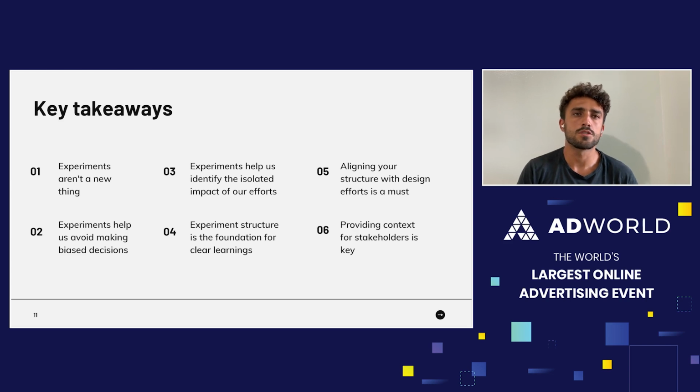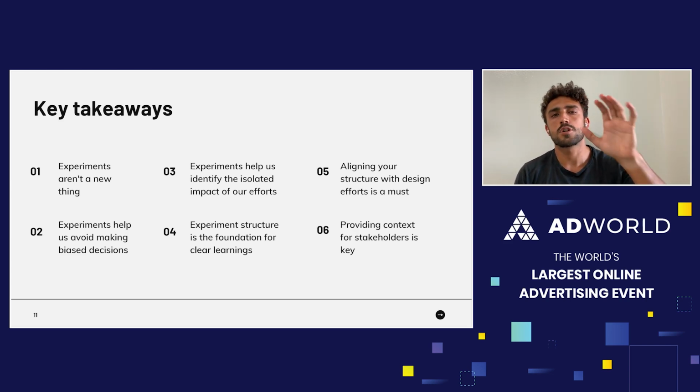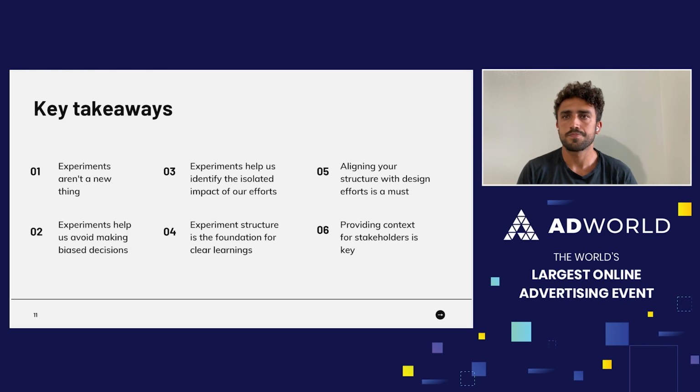It's mostly because of the correct structure that we put in that experiment. Aligning your structure with design efforts is key to make sure that we have the correct variants in place, they are isolated, and we can understand the overall impact of that experiment whenever we collect results.